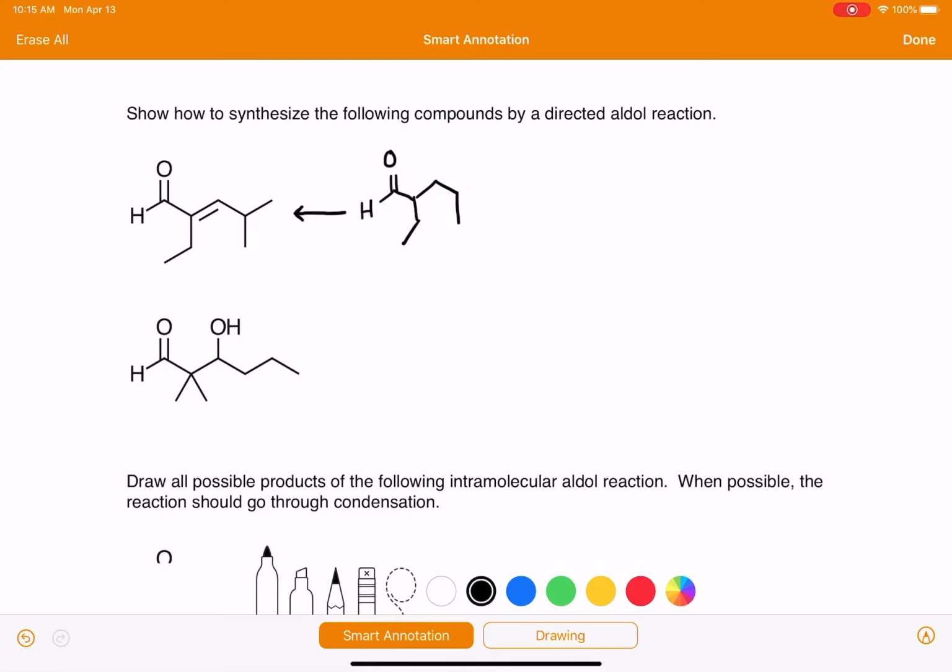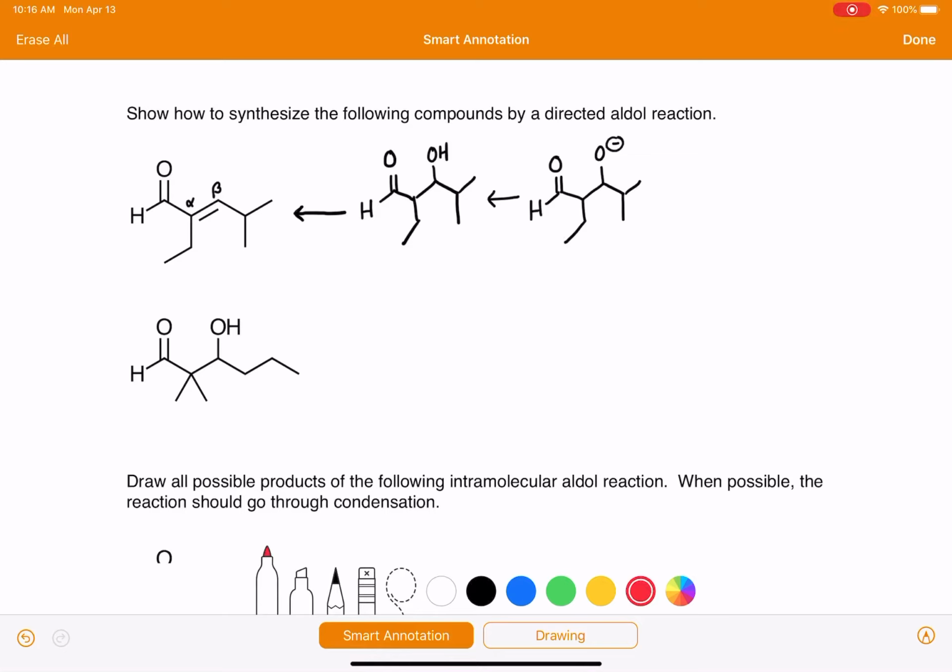So what I want you to do is first return the molecule back to the aldol. So put that OH group back on. Make sure that it's going onto the beta carbon, not the alpha carbon, but the beta carbon. And then I want you to back it up to the O-, so before you protonated.